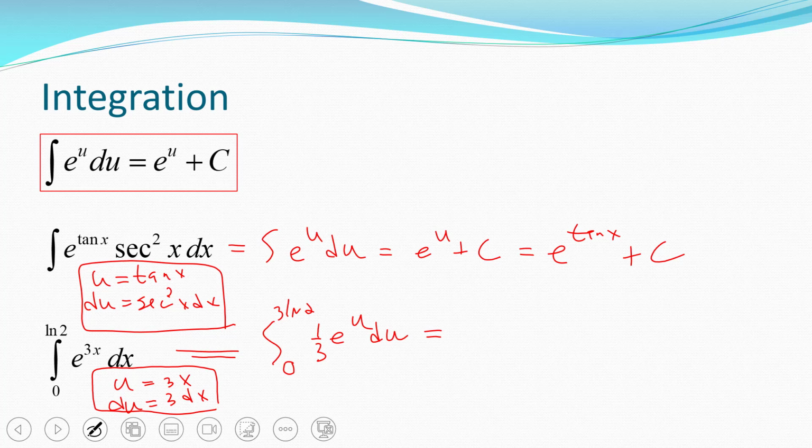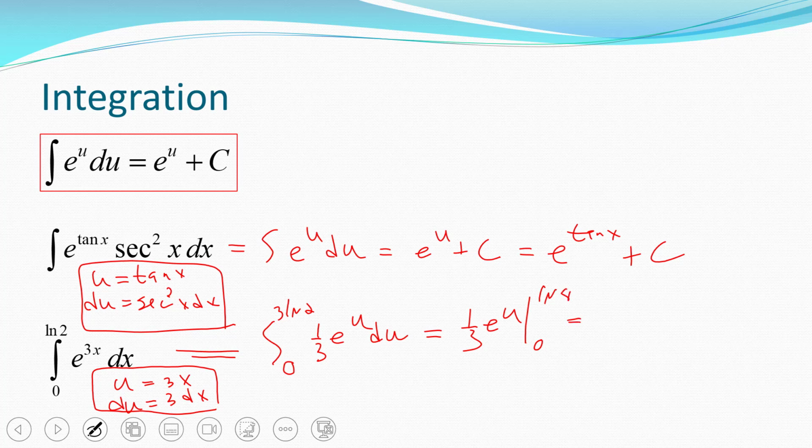So this then equals 1/3. The antiderivative of e to the u is just e to the u, and we evaluate this from 0 to 3 times the natural log of 2. Now, 3 times the natural log of 2 is really just the same as the natural log of 8, because you can bring the 3 up to get the natural log of 2 cubed, which is natural log of 8.